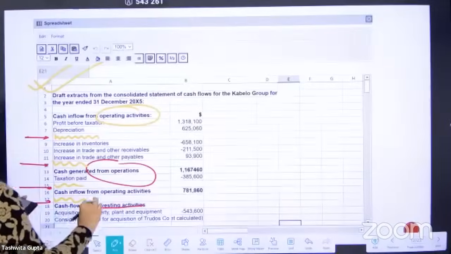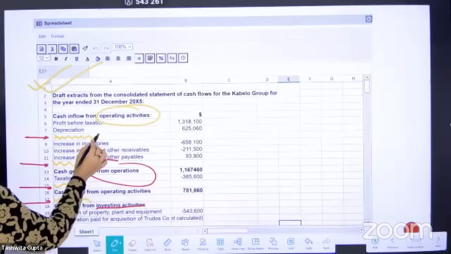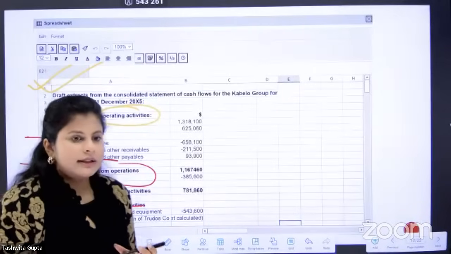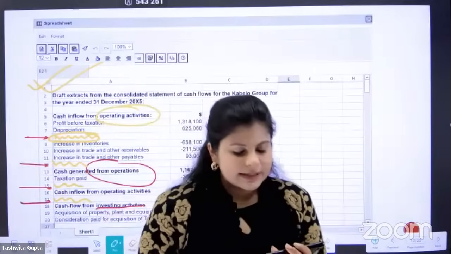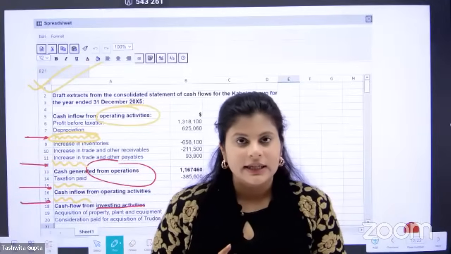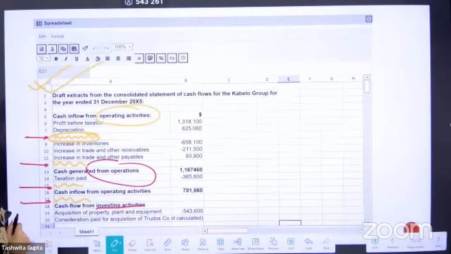So that means maximum how many points can be missing? Over here, they've just given you one line. So in operating activities, there is only one line which is missing. So I will just put it on this one line. Here also, only one line do I have.